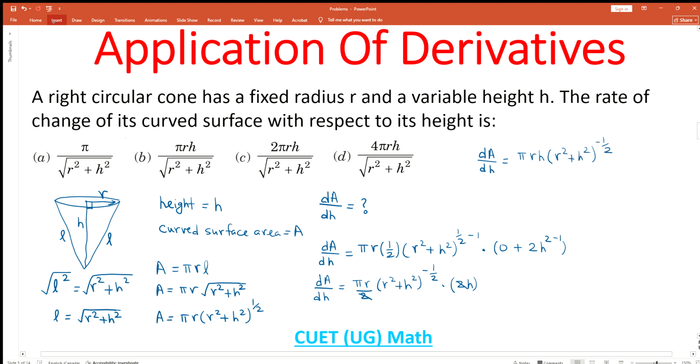As you can see in the given answer choices, square root of r square plus h square is in the denominator. So next, we can move the term r square plus h square to the denominator. That will change the exponent negative 1 over 2 to positive 1 over 2.